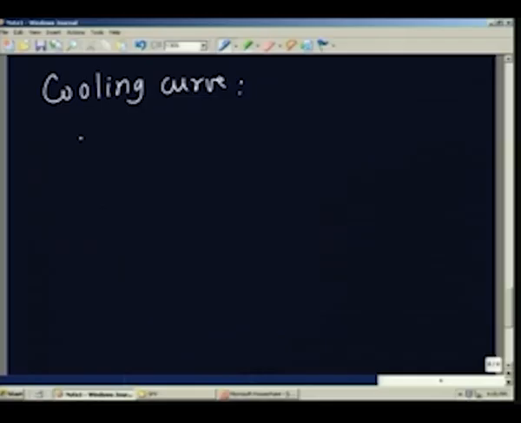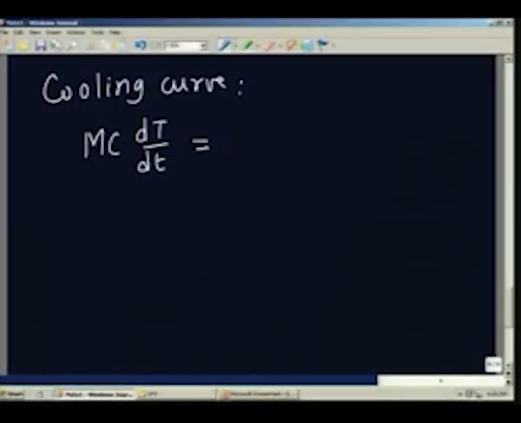This is already familiar to us, this is nothing but the first order system we have discussed earlier. m c dT by dt, the rate of change of temperature multiplied by the mass into specific heat, should be equal to the heat loss from the system.